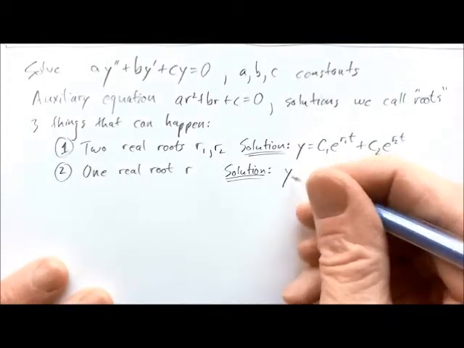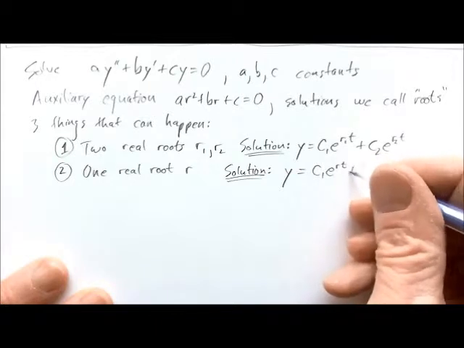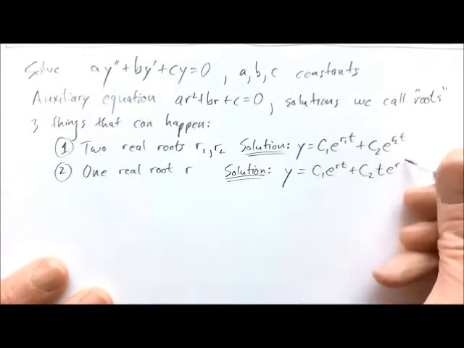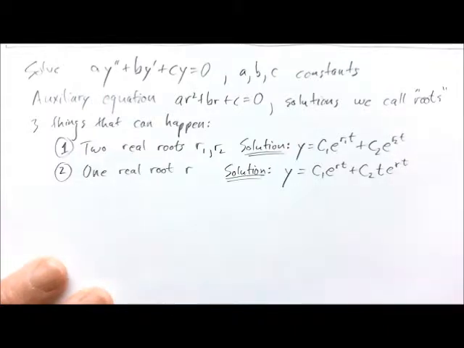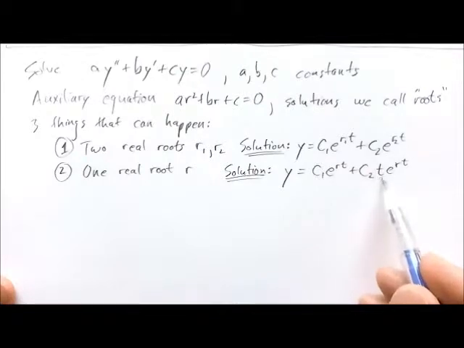So the solution, it turns out, looks like c1 e to the rt plus c2 t e to the rt. The reason for that is explained in another video, and I'll go through that in class very likely. We have these two factors of e that look the same, but we have an extra factor of t on this one.